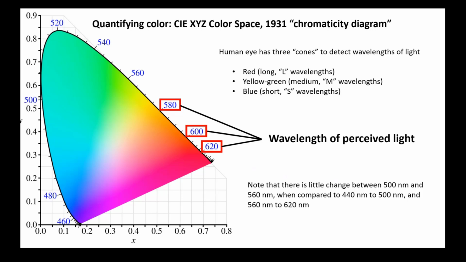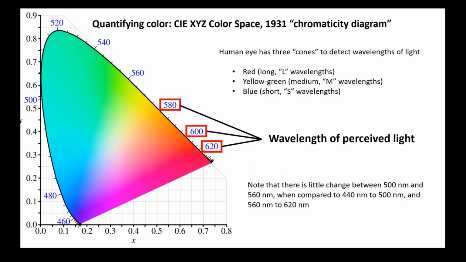This diagram and this work that they did laid the foundation for all kinds of color advancements, such as movies and TV and computer screens and dyes and inks. And even though we've revised this diagram many times since, it still provides a good basis for the understanding of what perceptual uniform means.